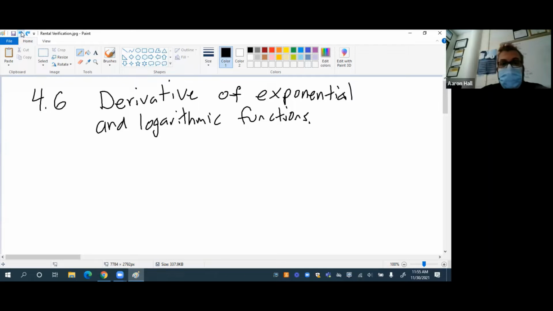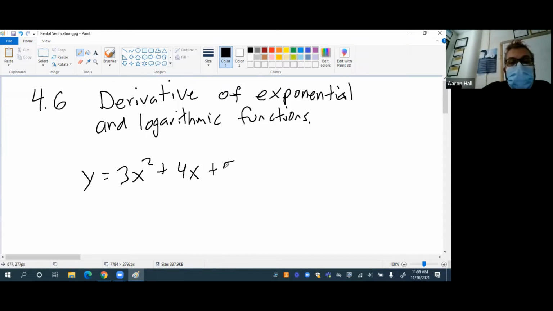Okay, so let's consider if I have y equals 3x squared plus 4x plus 5. Now, when I take the derivative of this, what do I do?